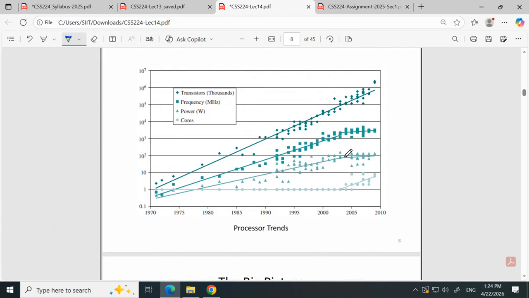One is the power consumption. Heat, super hot. You see that? Focus on this too. Frequency, this line.